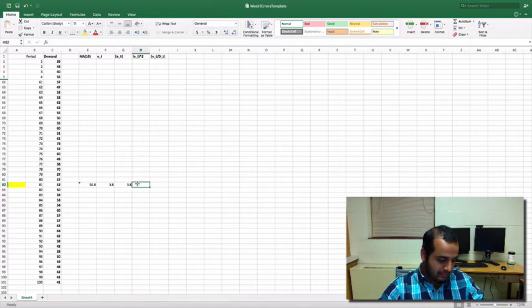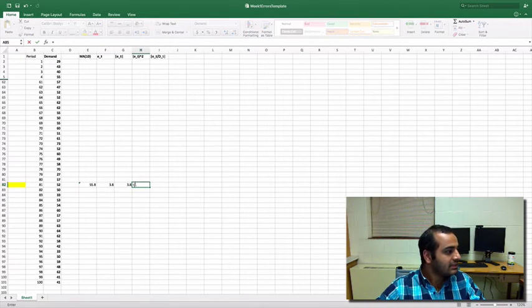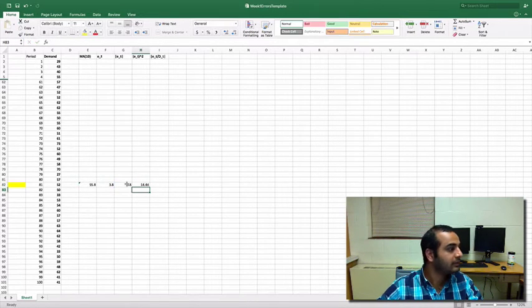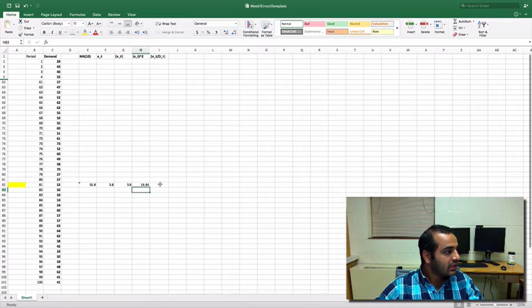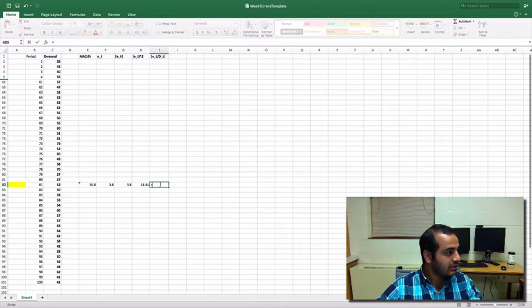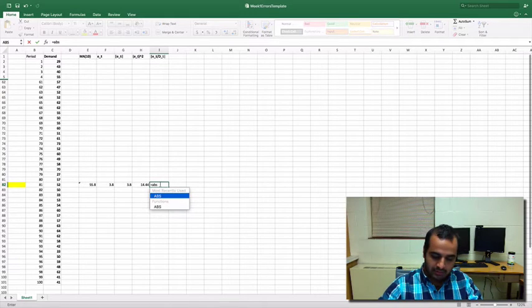To get the mean squared error, that is really this value squared. And to get the mean absolute percentage error, well, we need the absolute value.